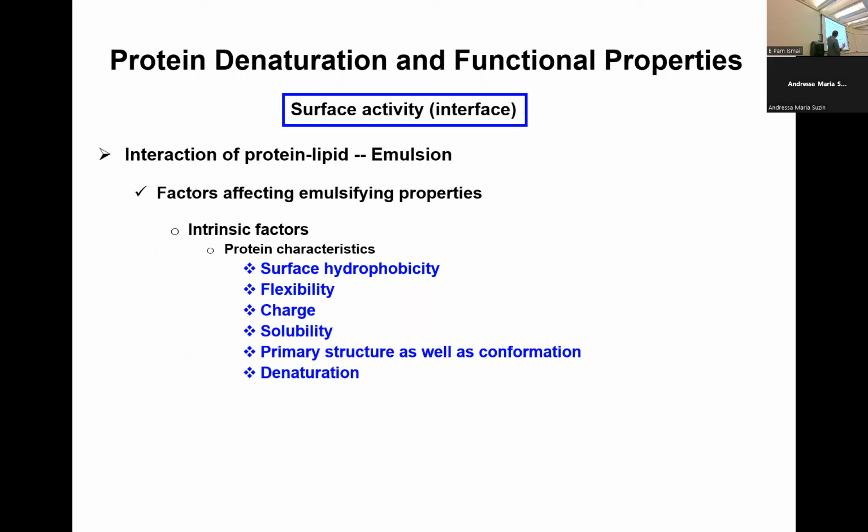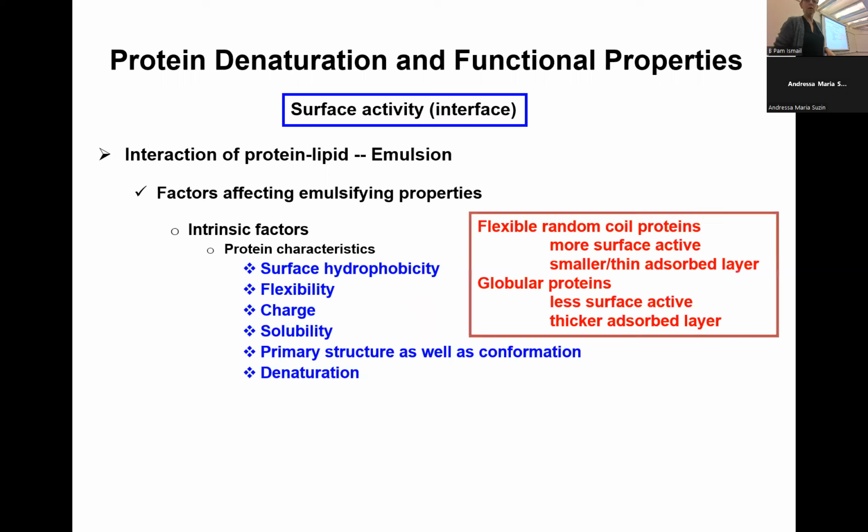How much charge or hydrophobicity it has, and whether the protein is soluble or not. What dictates the structure and conformation is obviously the primary structure or amino acid composition, and whether or not the protein is denatured. So these are characteristics that are intrinsic to the protein that will impact emulsification.